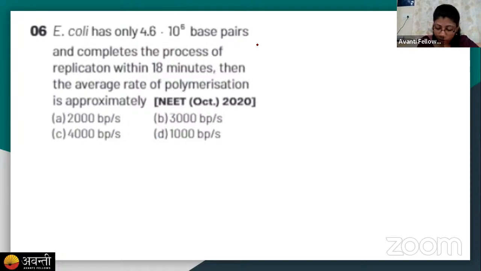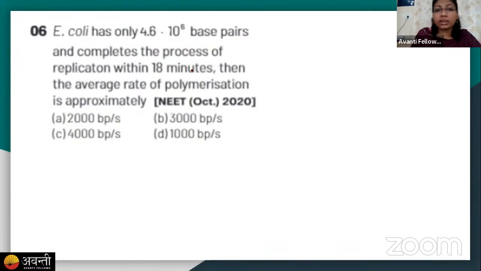Okay, find out the answer. Okay, now I'm going to end the poll. Okay, as you have opted for option B, this is your result. Let's check which option is correct, right?